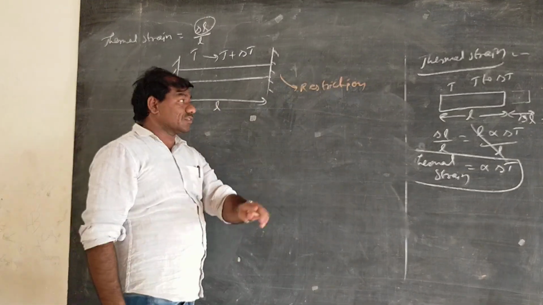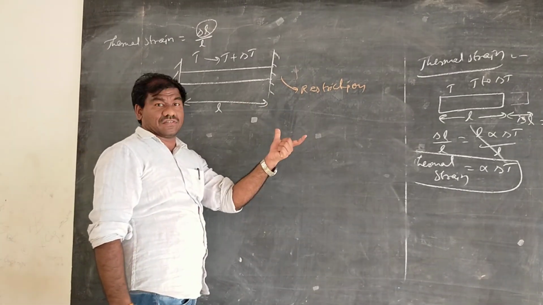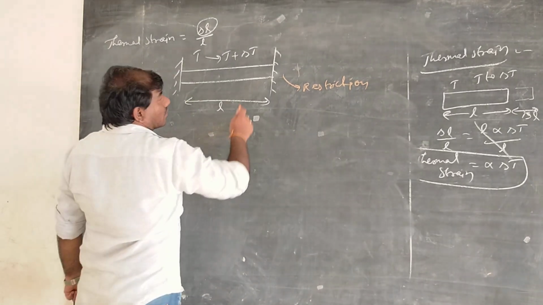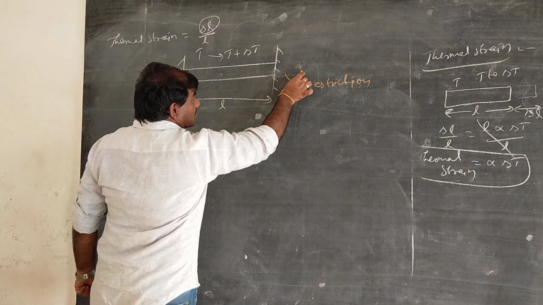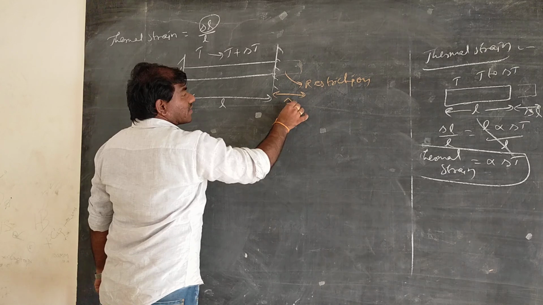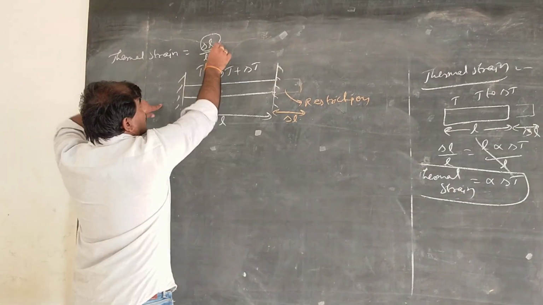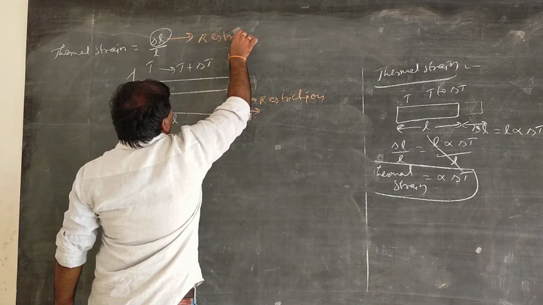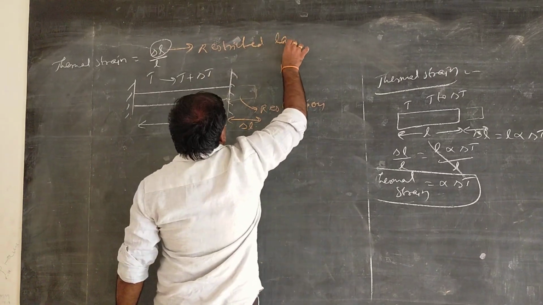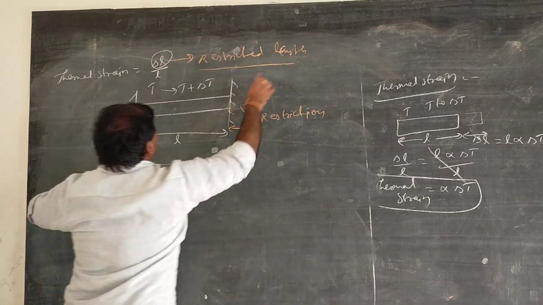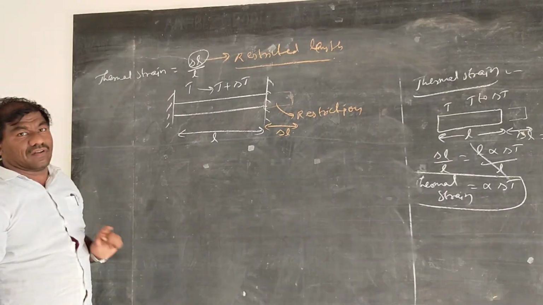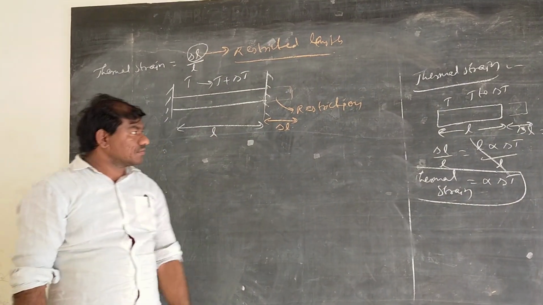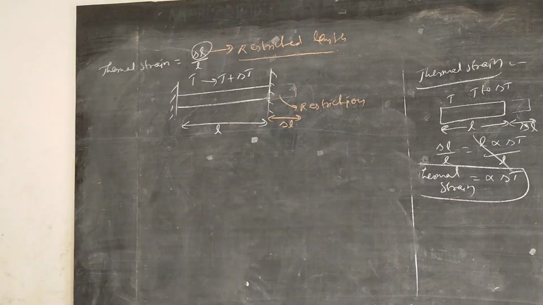I am restricting it from expanding. So I am restricting this length. What does this restricted length come out to be? Delta L. So here delta L is the restricted length. Always remember, the strain is the restricted length by the original length. Make a note of it.